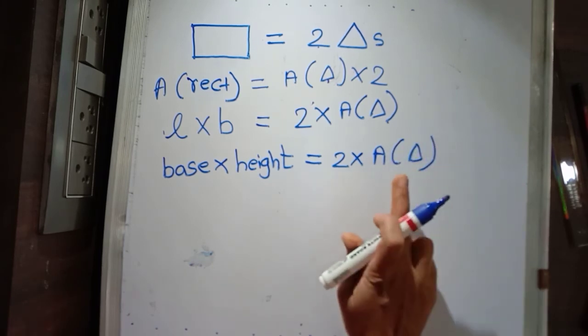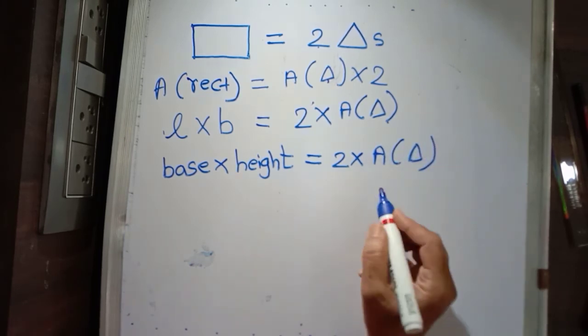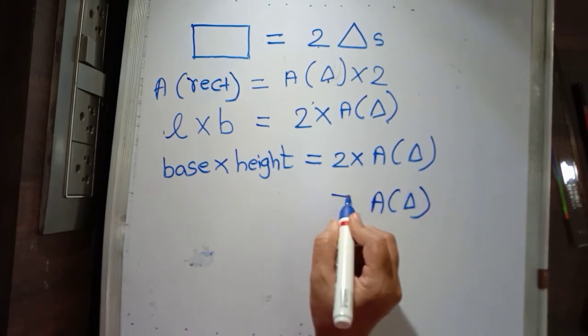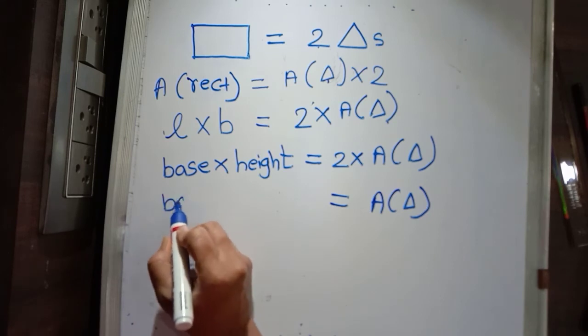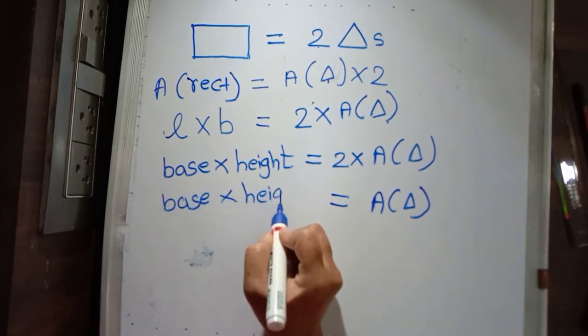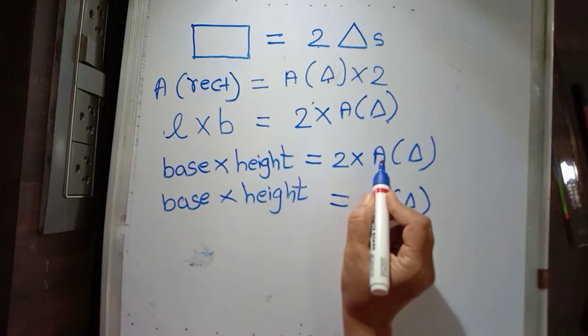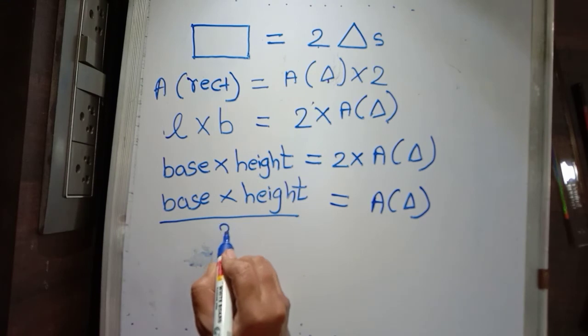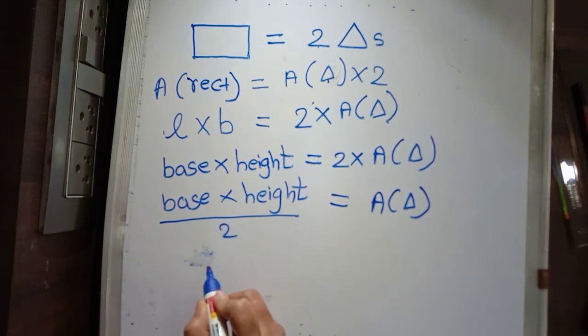I want to derive the formula for the area of a triangle. So I am keeping area of triangle this side. So what do I get? Area of triangle is equal to base into height, and this 2 is in multiplication. If I shift it to this side, it will go into the denominator. Okay, so what did I get?